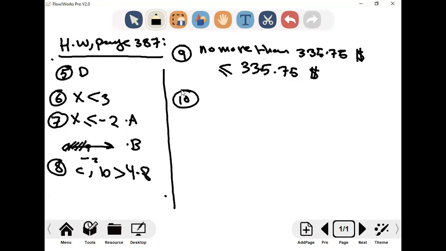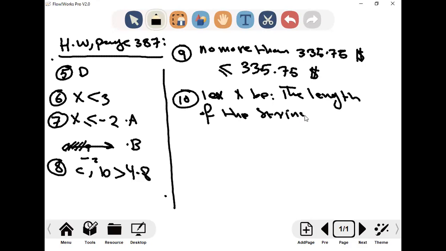Question 10, it's about bracelets. It's a division inequality. The question said write and solve an inequality to determine the minimum length of a string. Let x be the length of the string, right? Ling wants to make bracelets.